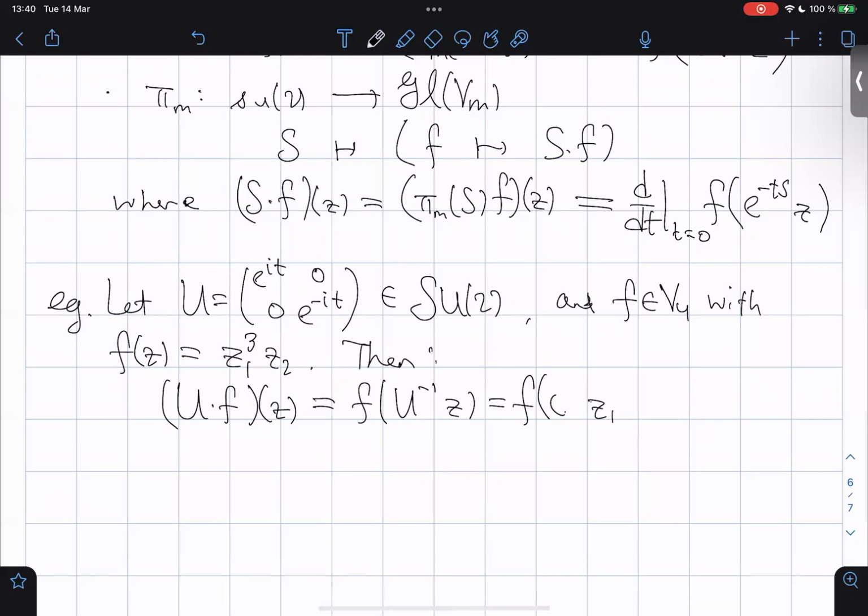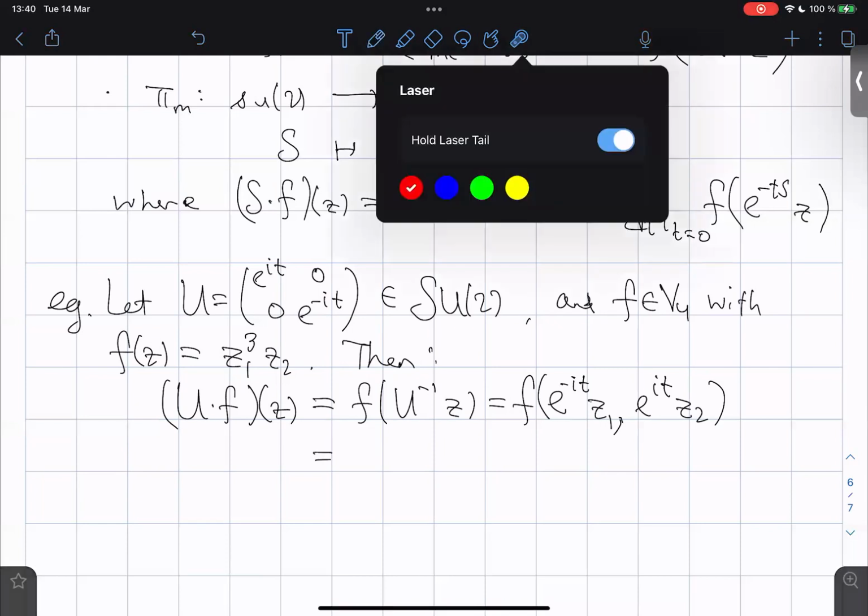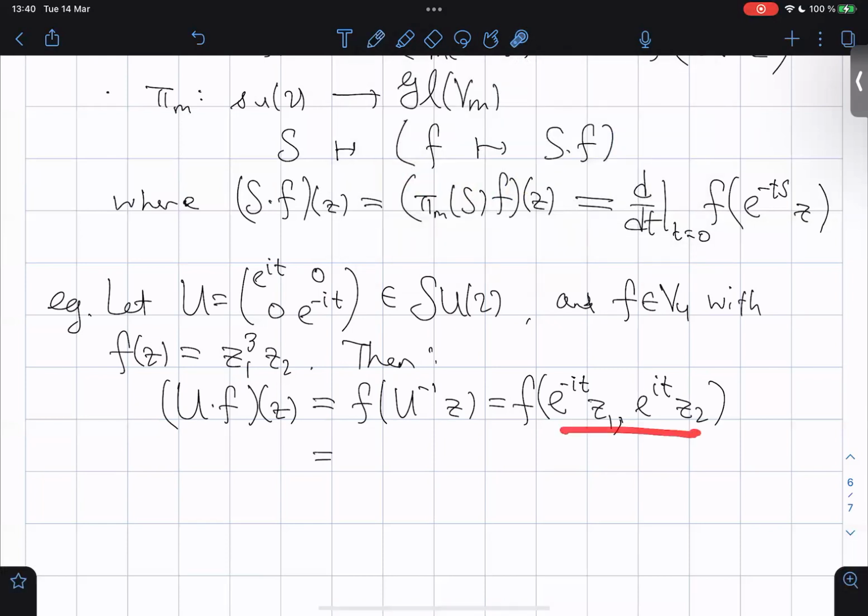I take the inverse of U and apply it. My chosen F that I'm acting on is this guy. So I feed all of this into my F. And it says, take the first component, cube it, and then multiply it with the second component.